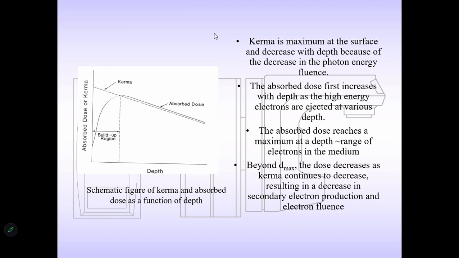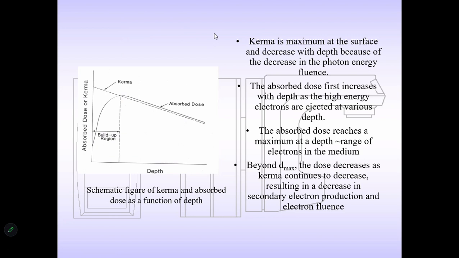Because the surface is the first point, where we have the maximum number of photons. And as you go a little bit deeper, some of the photons will be less. So the biggest release is when we have the highest number of photons.